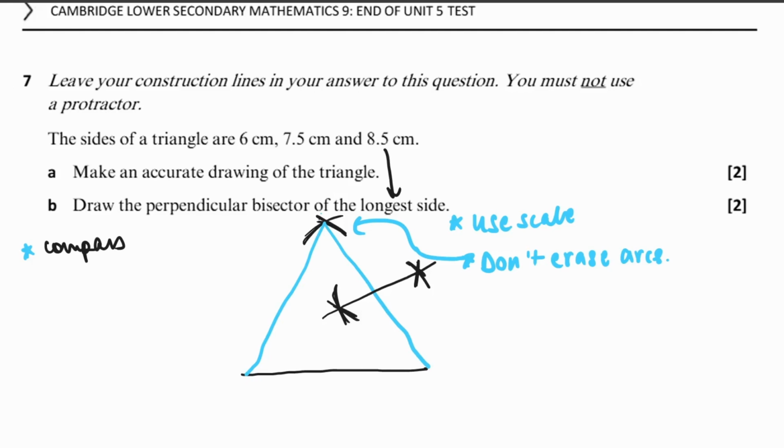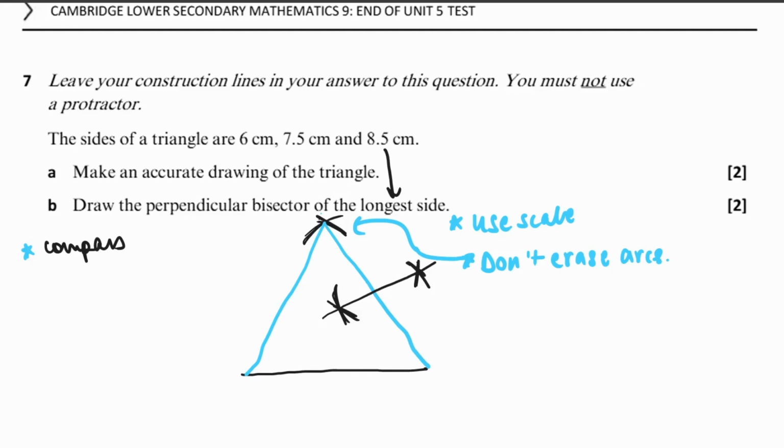Then use your compass and scale again to measure another length, for example 8.5 centimeter if my base is 6 centimeter. Then again, I'm going to draw an arc. And the point where these two arcs intersect is the apex point of my triangle. Then using a scale, you will join the ends and you will have the accurate drawing of the triangle.